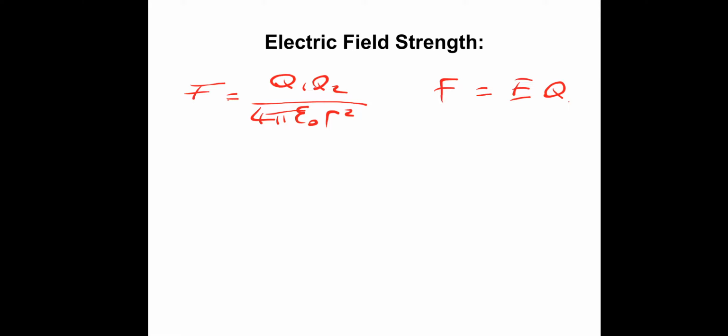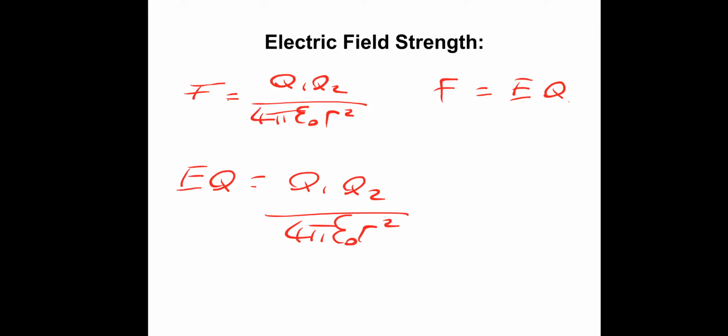All I'm going to do is make them equal to each other. So I end up with EQ equals Q1 Q2 divided by 4 pi epsilon naught R squared. The Q's cancel. So electric field strength is equal to Q divided by 4 pi epsilon naught R squared.